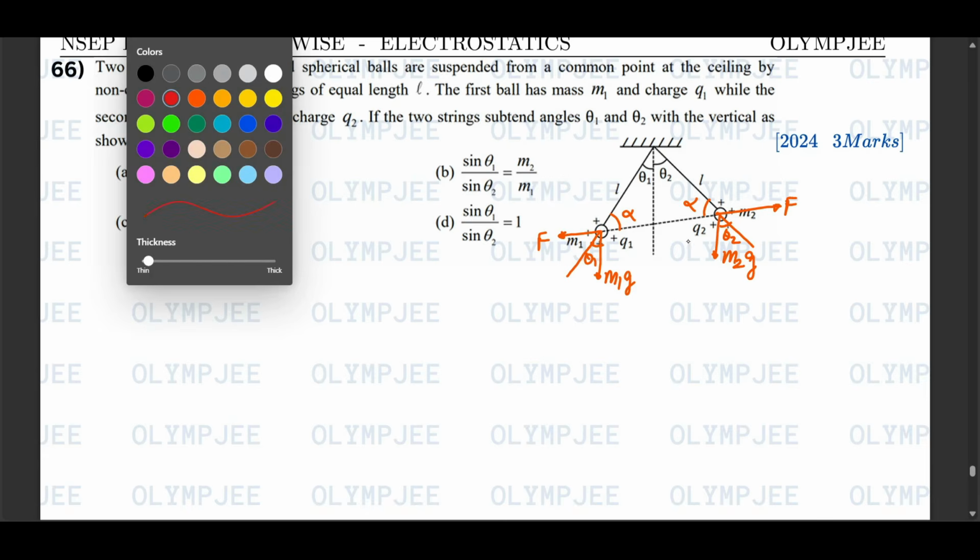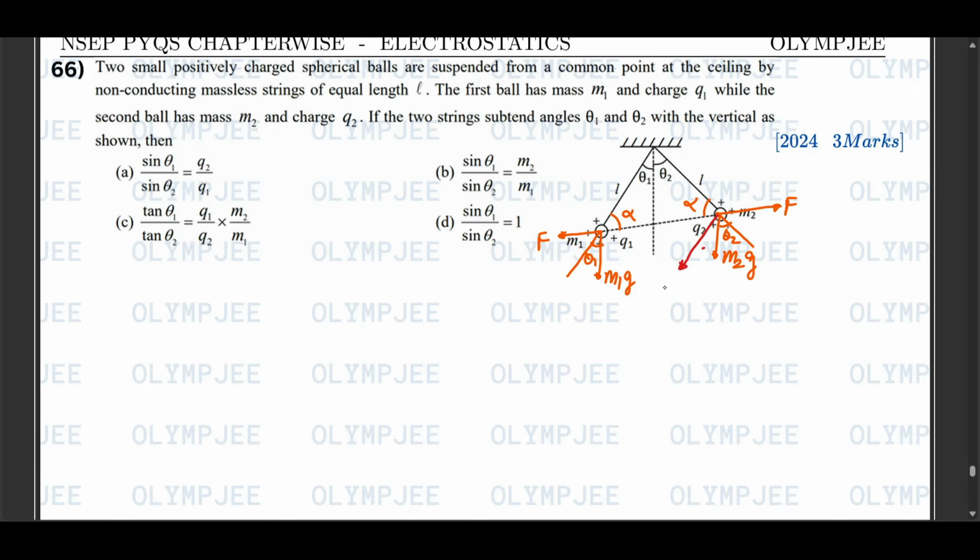So in this direction it will be m2g sine theta 2, and since this is alpha, so perpendicular to this, this will be f sine alpha. Similarly, this will be f sine alpha, and this will be m1g sine theta 1.